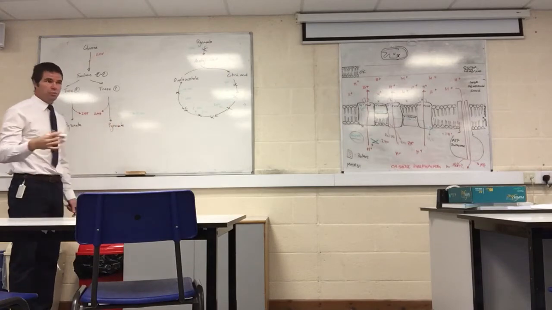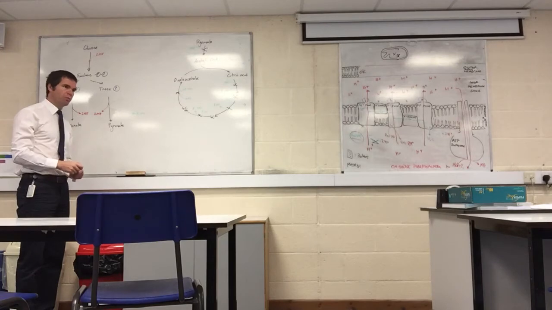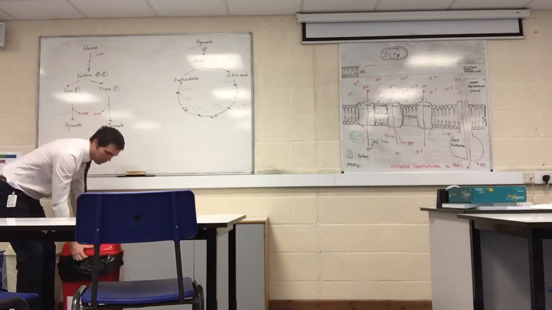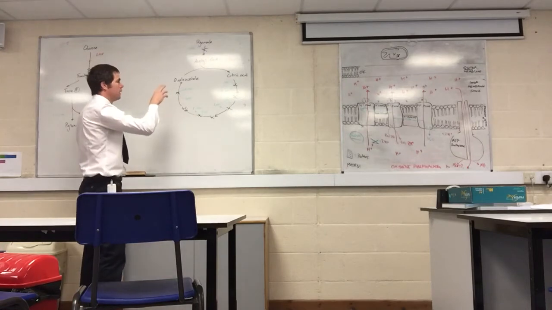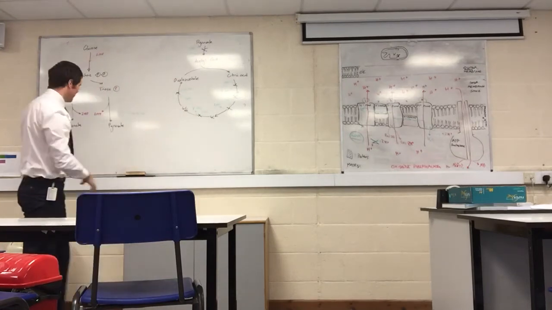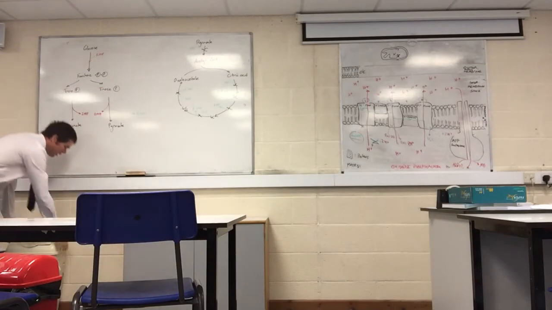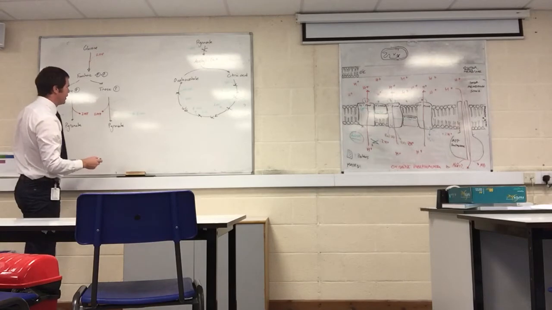And yes, that would normally be what would happen, but there is an alternative pathway. To clarify, the electron transport chain can't work, the Krebs cycle can't work, the link reaction can't work, but glycolysis can. And the reason glycolysis can is because we have this alternative pathway in place.